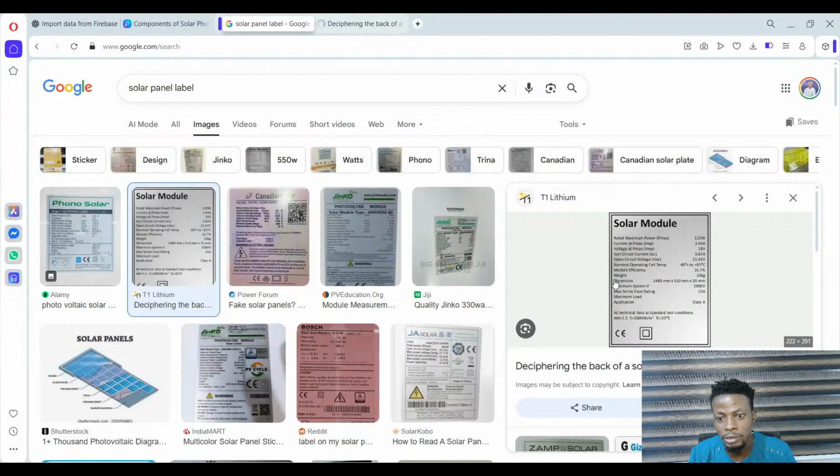And then you have the weight of the panel, the dimensions, the maximum system voltage, the maximum series fuse rating, maximum load, and then application, which is class A.